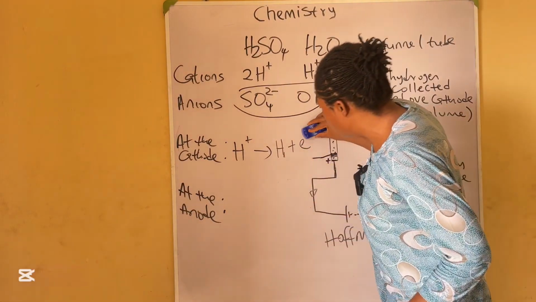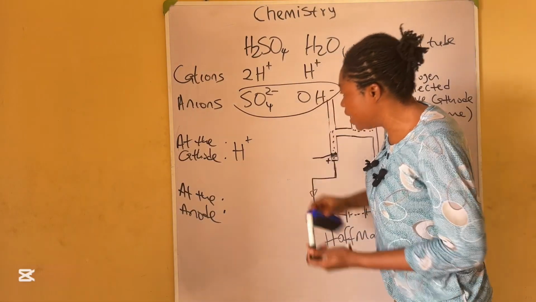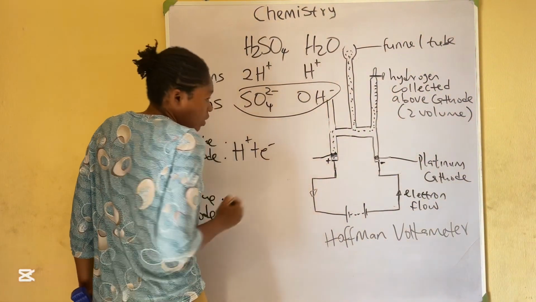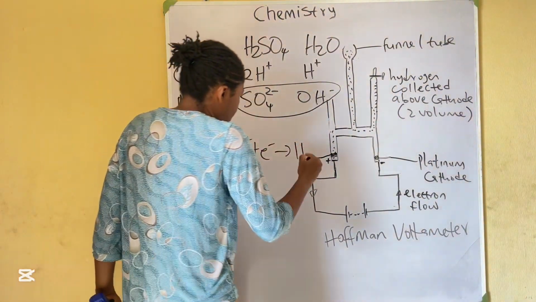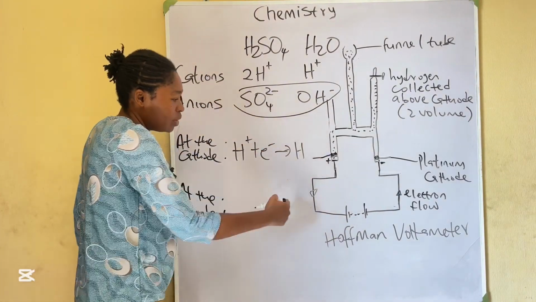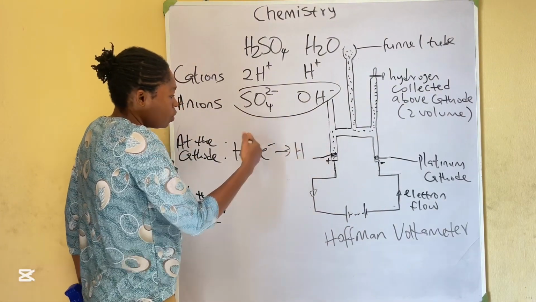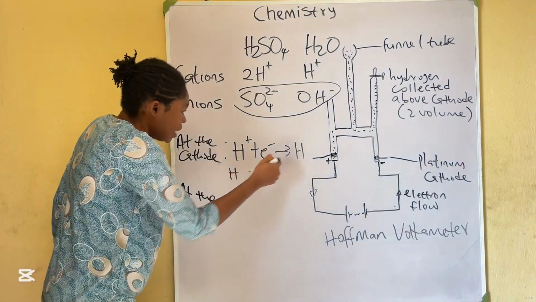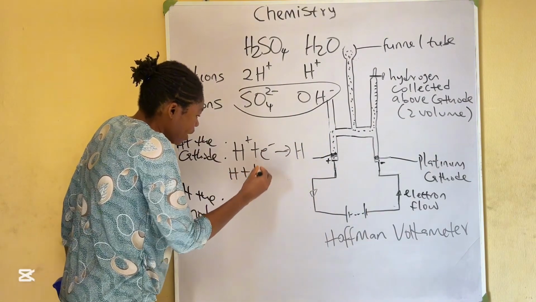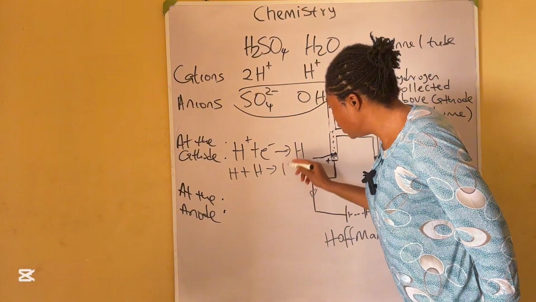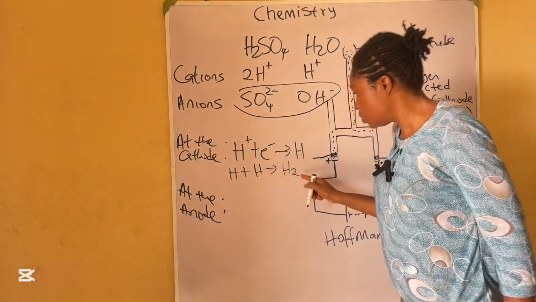So if you're writing for the cathode, you put the electron on the left hand side. So as you can see, plus minus is 0 because there's no charge on this atom. If I put it the other way, it's wrong. So this neutral hydrogen atom will pair up to form the molecule of gaseous hydrogen.